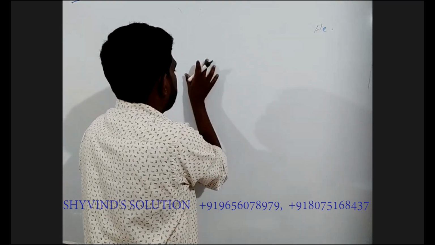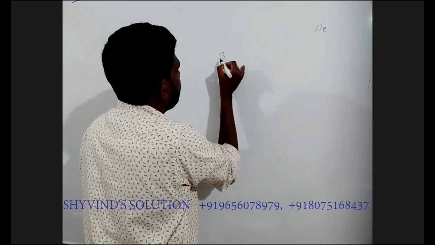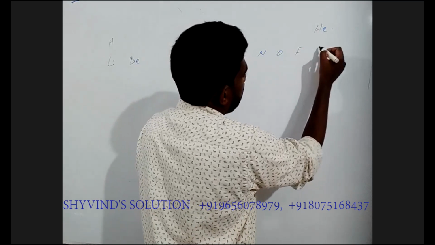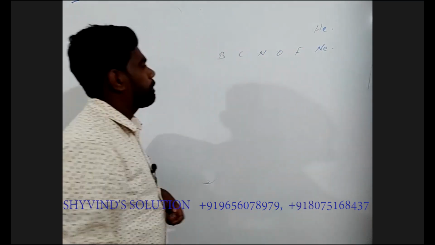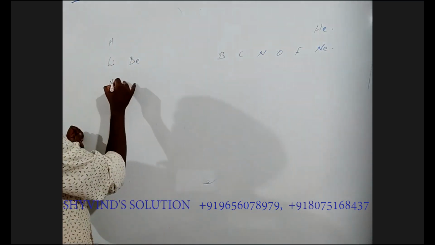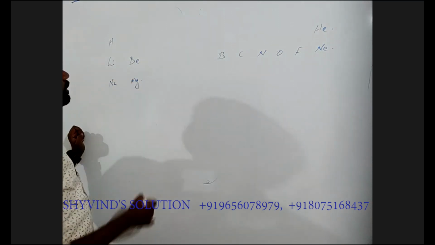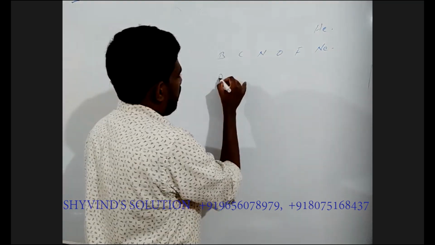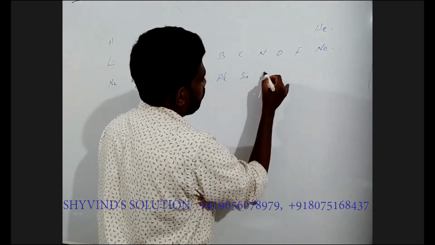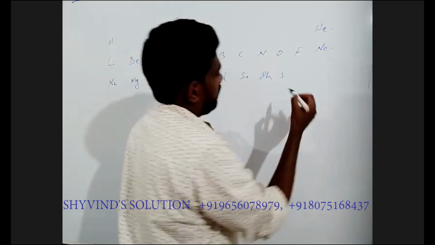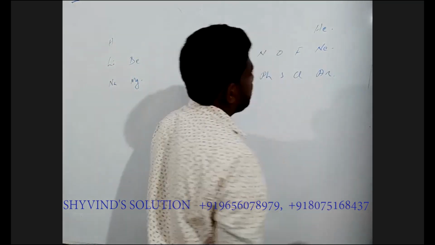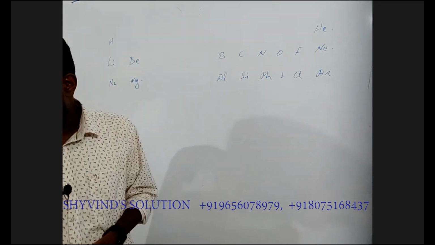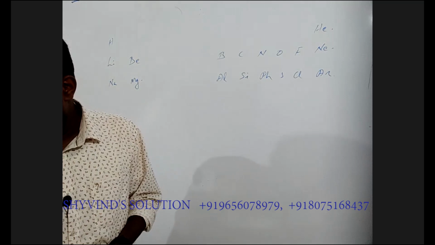Now after d block elements, we have boron, carbon, nitrogen, oxygen, fluorine, neon. Then sodium, magnesium, aluminum, silicon, phosphorus, sulfur, chlorine, argon. These are the first 18 elements present in the periodic table.